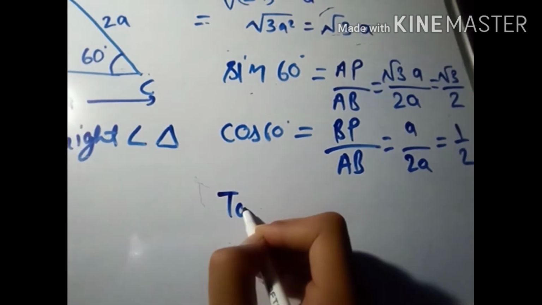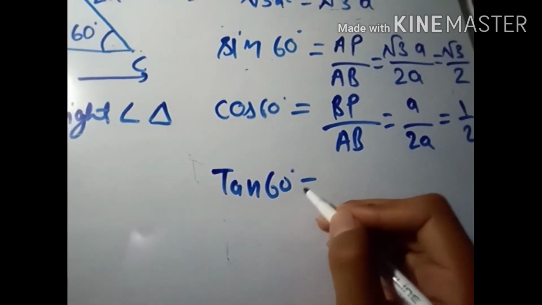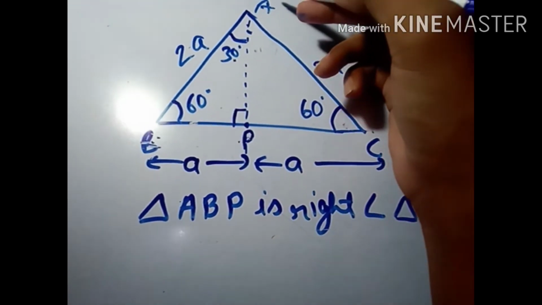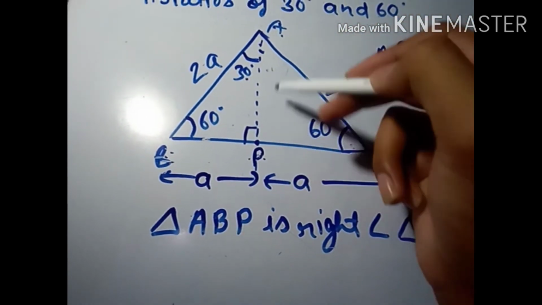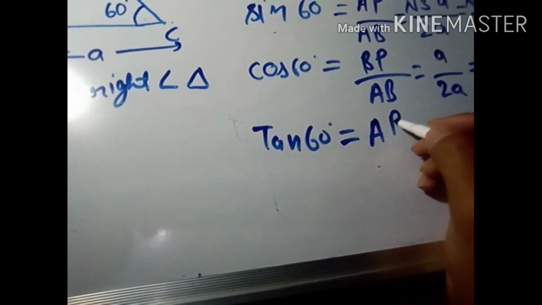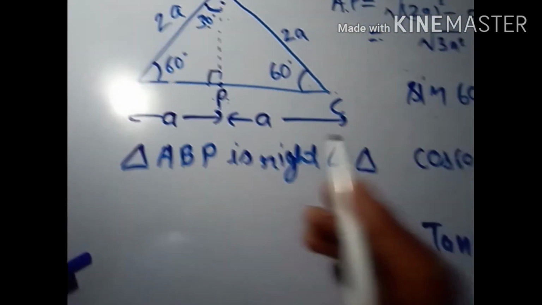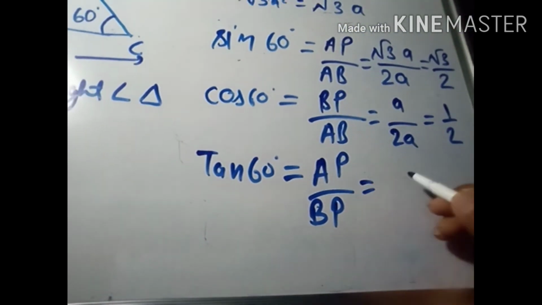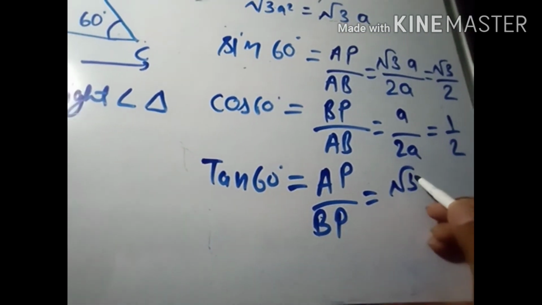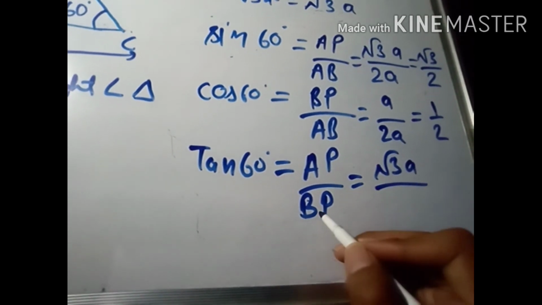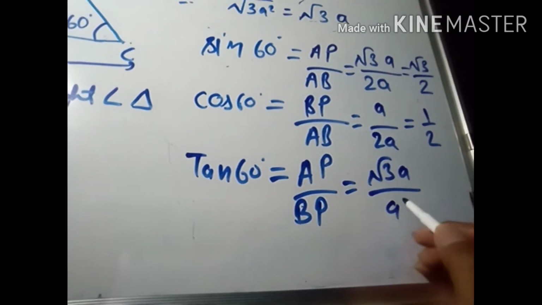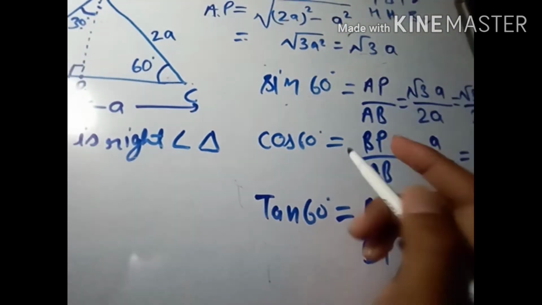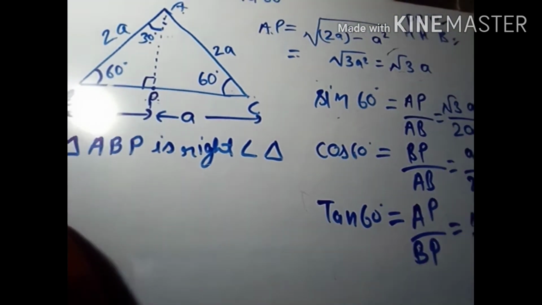Now one more ratio, tan 60, which is perpendicular upon base. Now the perpendicular is AP and the base is BP. So let me write it as AP is equal to root 3a upon BP is equal to a. The a cancels and it becomes root 3. Now the three remaining are reciprocals of these. So let me write it quickly.